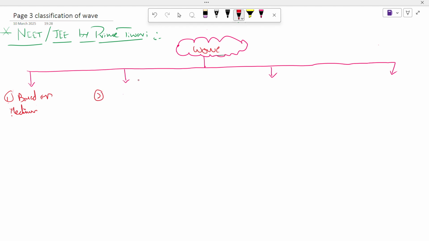The second category is based on motion of particles. The third one is again based on energy propagation.